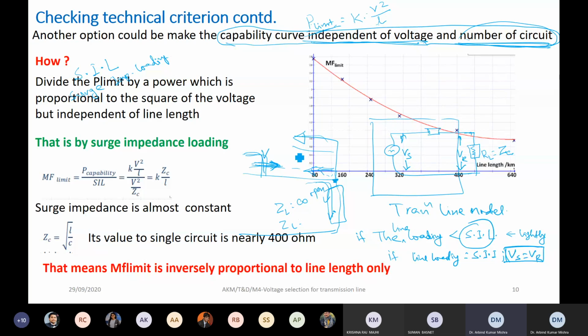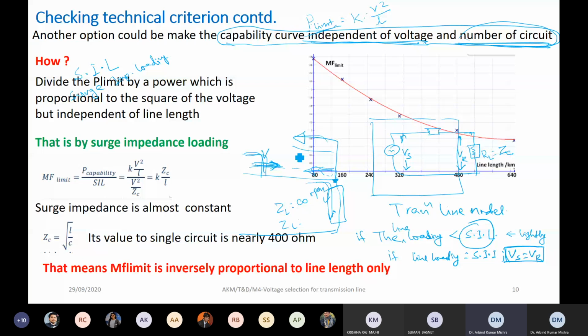For any voltage level, for example, say you have a 132 kV line, what will be the power transfer limit at 160 kilometer? Just see, at 160 kilometer, what is the capability multiplying factor limit value, and multiply that by the surge impedance loading of the 132 kV line.